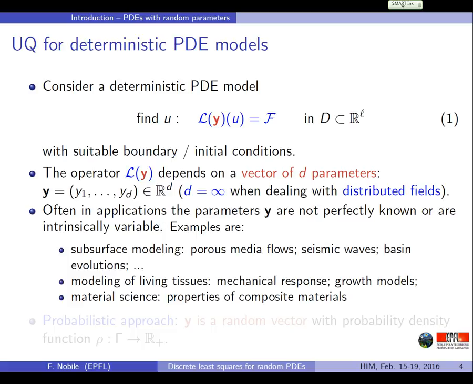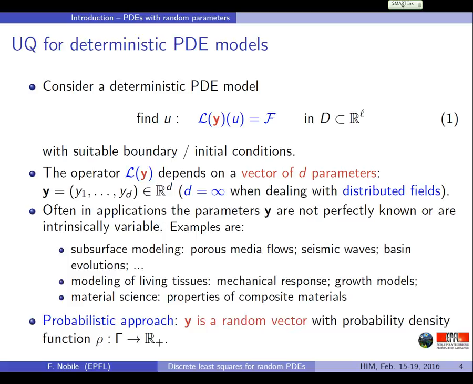If you were able to measure at every point, you would have a perfect characterization, but since you can't, you model the uncertainty by randomness. Or in seismic applications and so on. Or modeling of living tissues, where you have heterogeneities, variability between patients, you might even have variations in time, so you might want to add more randomness in the description of these models. Or in material science, composite materials, and so you can think of many situations.